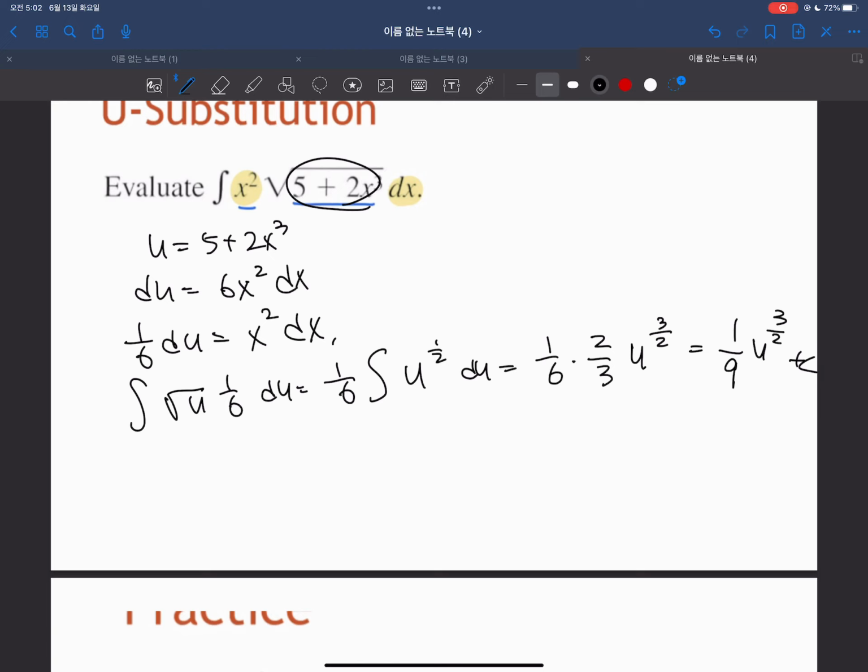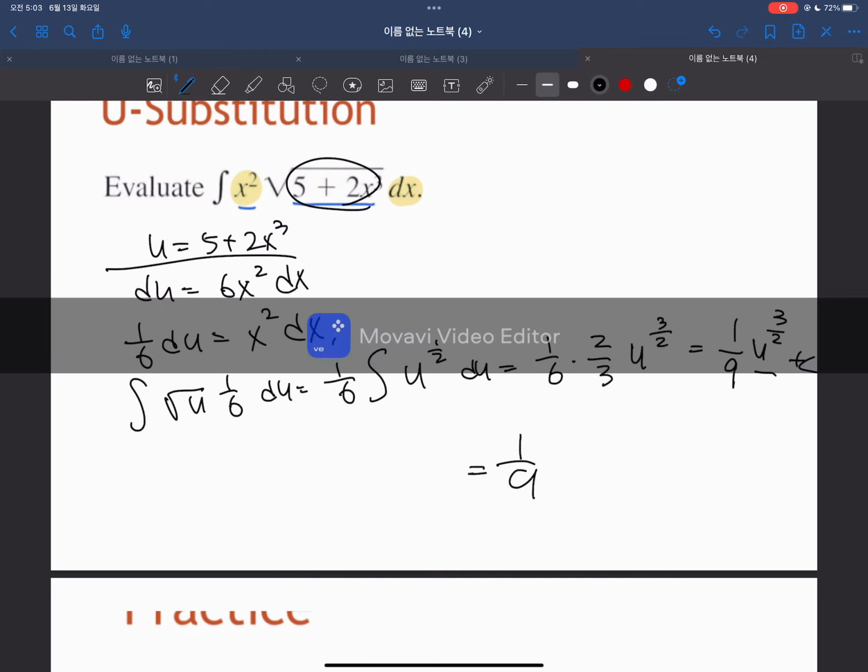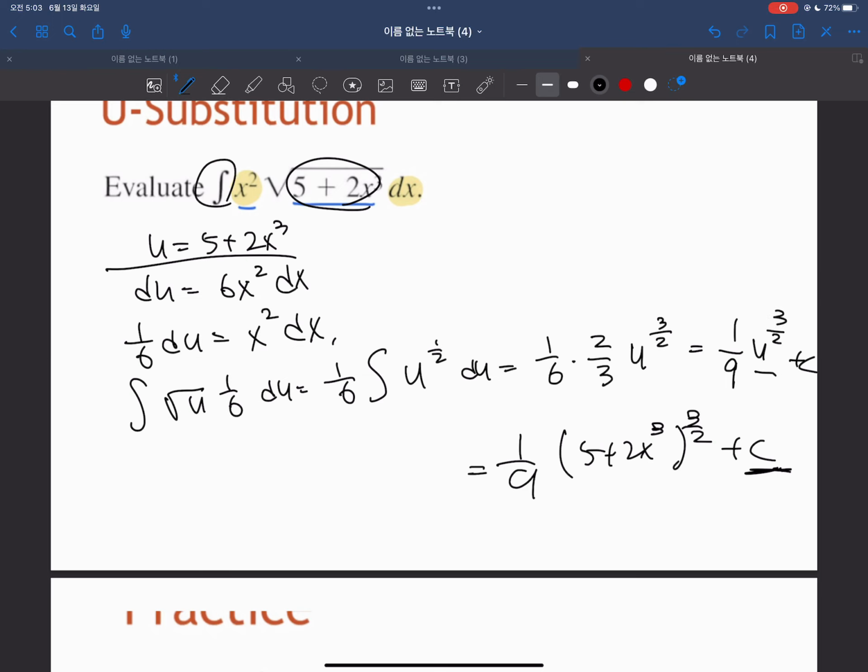And when we plug the u back into this, we will get 1 over 9 times (5 plus 2x cubed) to the power of 3 over 2 plus c. Don't forget to write the c, because the problem didn't give us the limits.